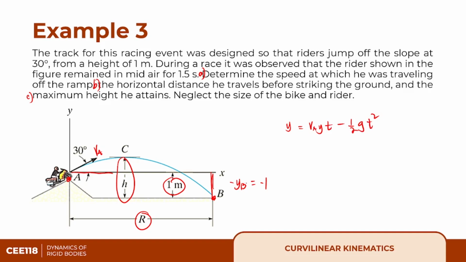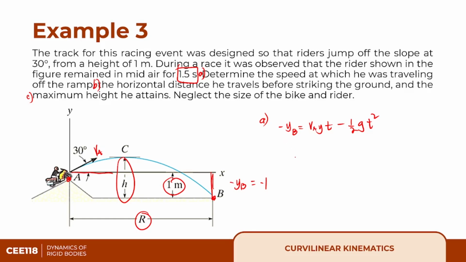As you can see, our YB is below, so this is negative YB. And then we have the initial velocity in y, times t. The t is already given, which is 1.5 seconds. Then g is, in SI, 9.81. So we can solve first for the value of VA.